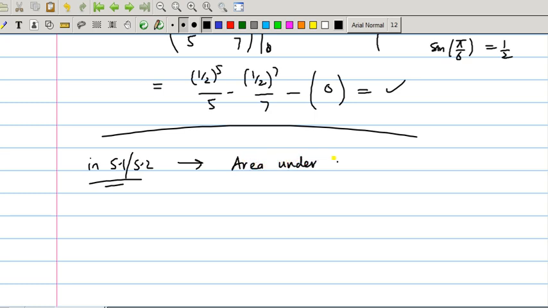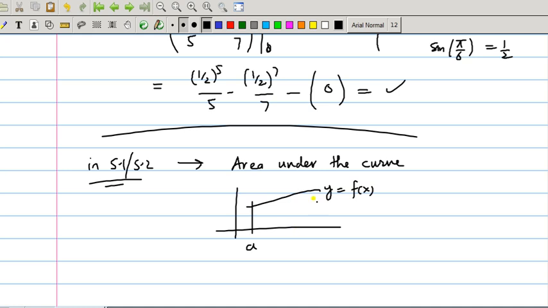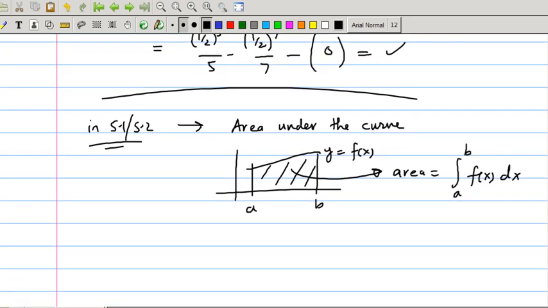If your curve lies above the x-axis and you want to find the area under it between the values a and b, this area was equal to the integral from a to b of f(x) dx, right? This was what we studied over there.